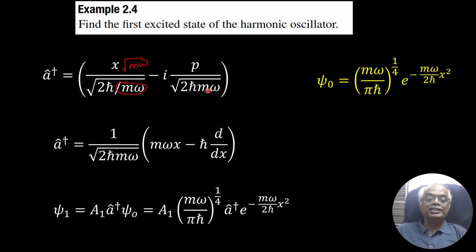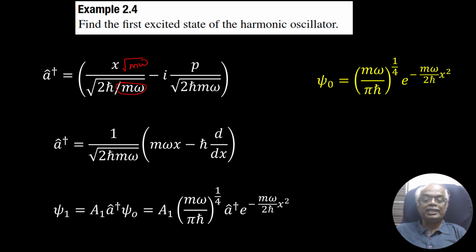Now you take this outside, that is 1 over square root of 2ħ m omega. So naturally, in the first term, you have to divide and multiply by square root of m omega. So this will become m omega x minus this one.